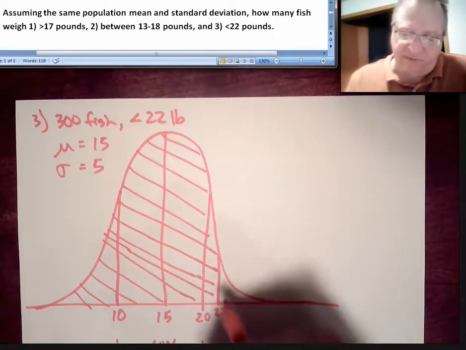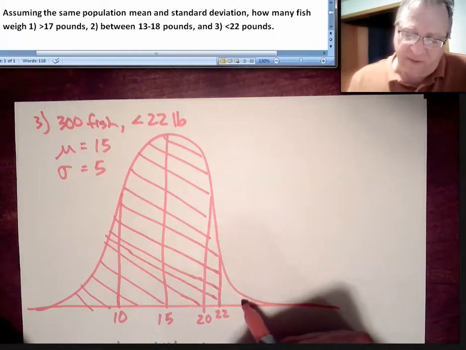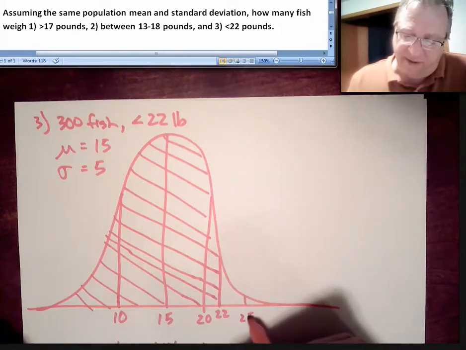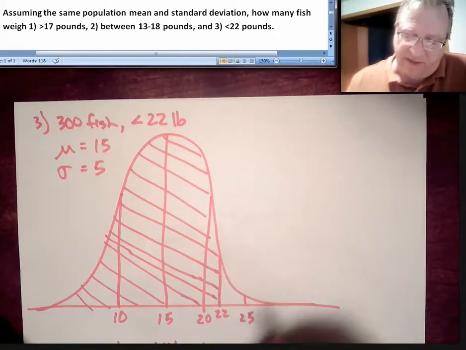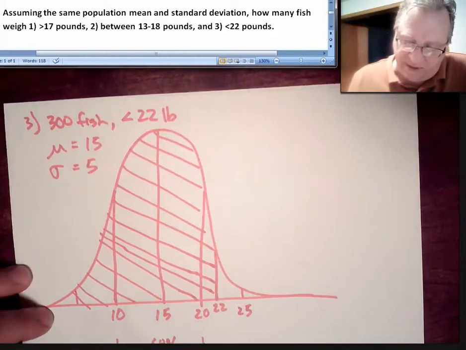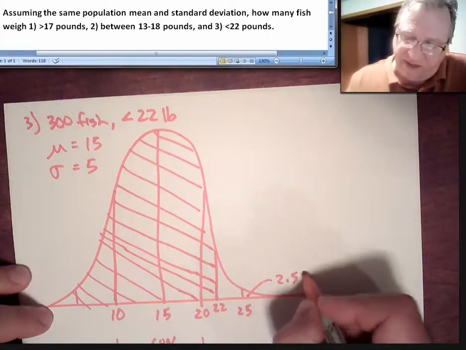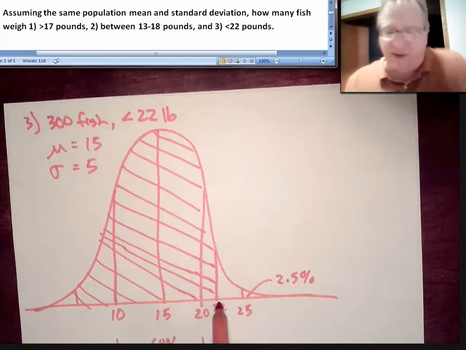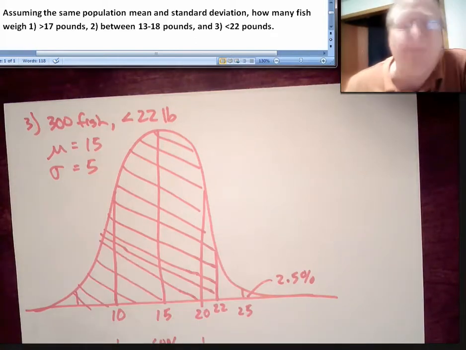And it's out further than that to the 22 mark. So, gee, 25 out here. That represents the 95%, right? The 95% of the area under the curve at that point, which means that that little thing's 2.5%, but that doesn't help us. We need this area from 22 all the way back. Fish less than 22 pounds. It's going to be a lot of them.